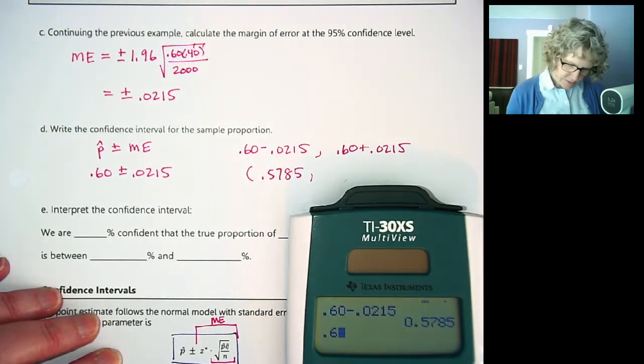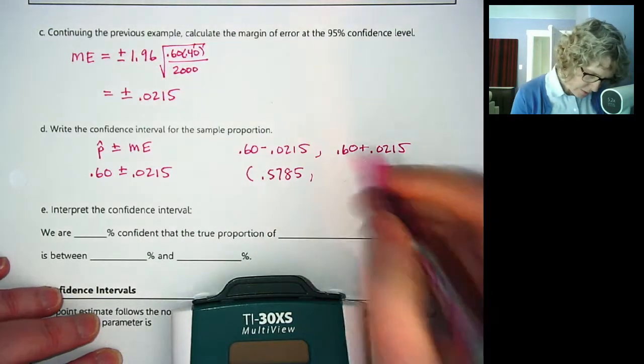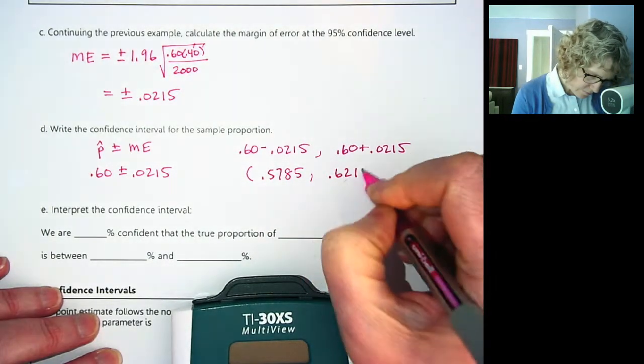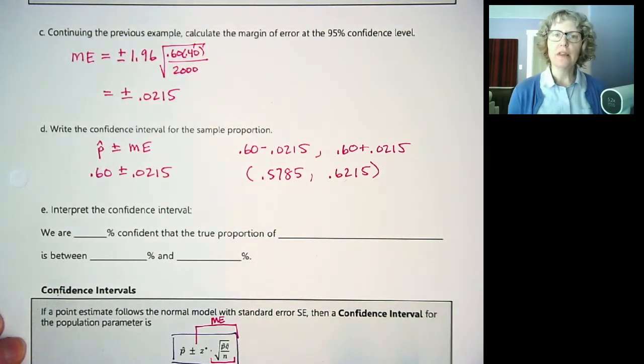And 0.60 plus 0.0215 is 0.6215. So that is our confidence interval.